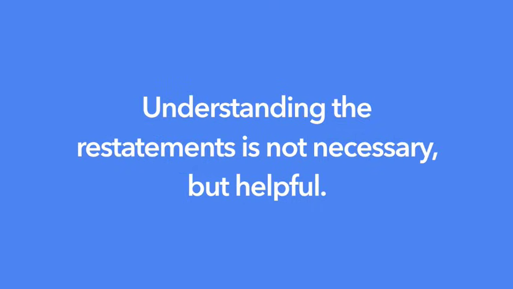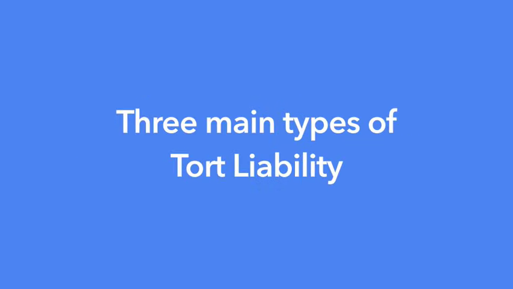In torts, the restatements have not been as influential as they have been in some other areas of the law, like contracts. For that reason, it is not as crucial to know all of the ins and outs of the restatements for torts, but they can be helpful in figuring out doctrinal issues. We'll use them a fair bit in our discussions of intentional torts and strict liability, but less so for negligence.